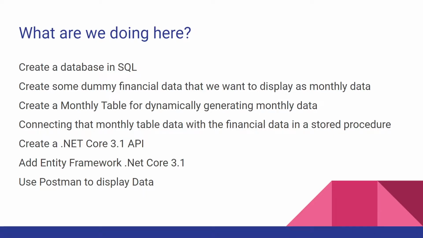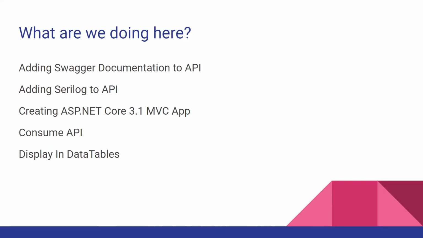So we've created the API, we've added the .NET framework 3.1, and we have Postman to test that data. Now we're going to add the Swagger documentation to the API. I'm going to finish this up, and then after this, start all over again. All right, thank you very much.